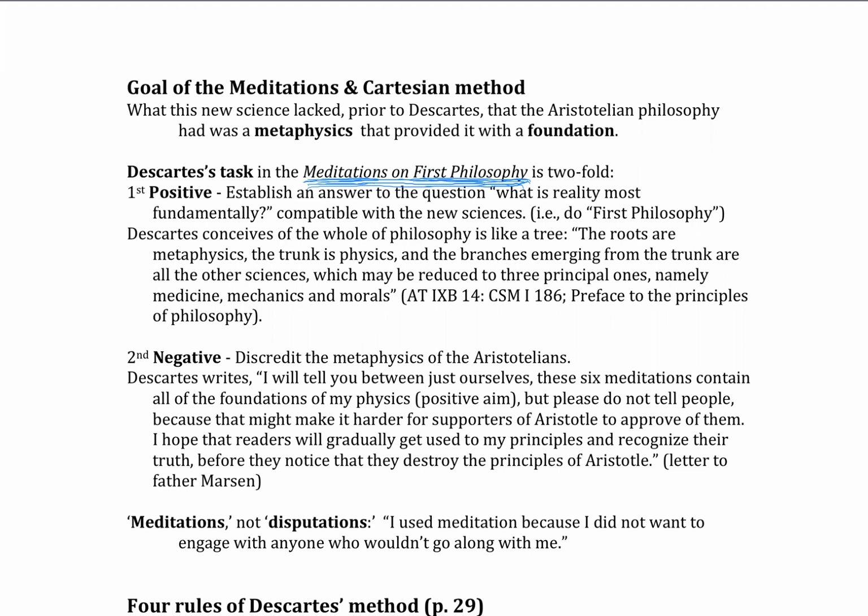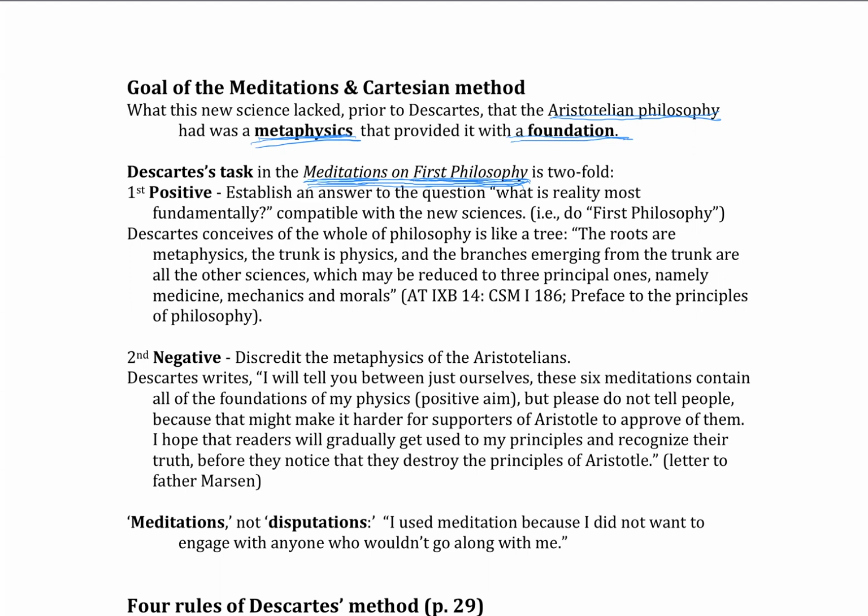But what it lacked that the Aristotelian philosophy had was a metaphysics, a foundation for that physics, a sort of worldview, a conception of reality and our place in reality that backed up that new physics. And so what Descartes wanted to do was provide the new science with a metaphysical foundation.